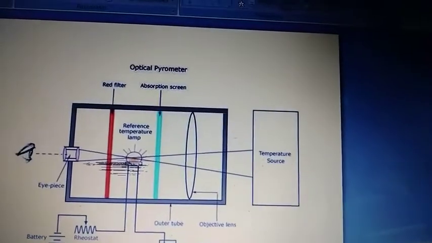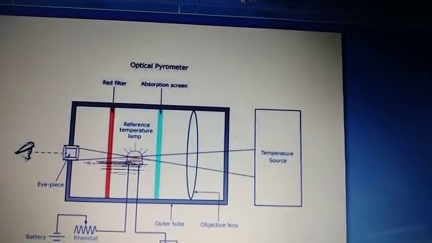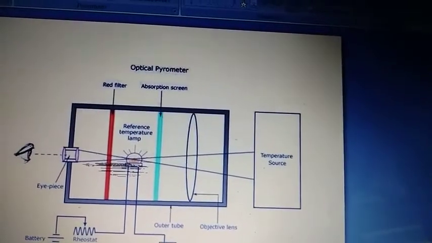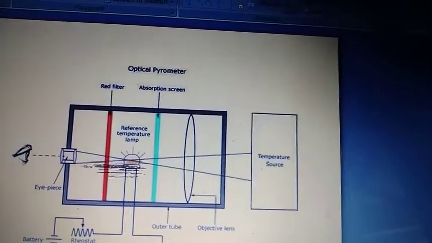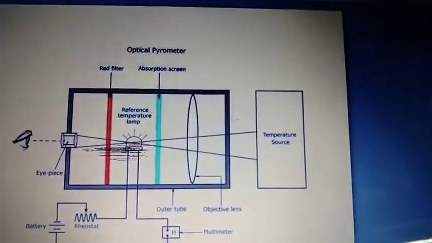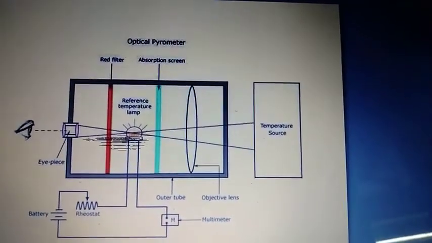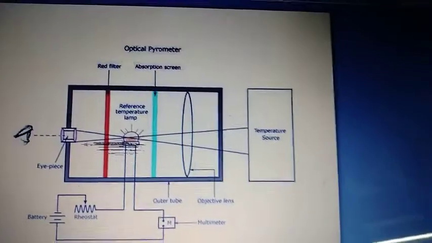This means we can find the temperature in terms of brightness. Measuring the brightness of radiation is an index to measure the temperature of a radiating or heated zone. So this is the circuit arrangement of the optical pyrometer.